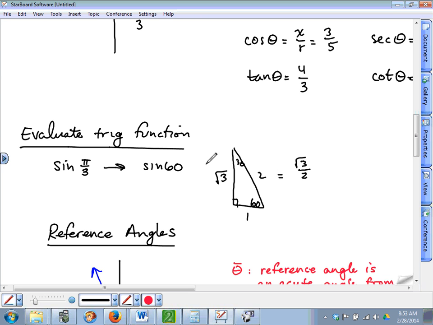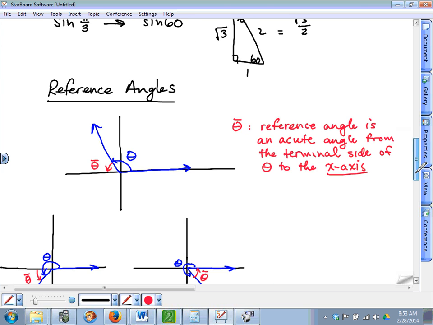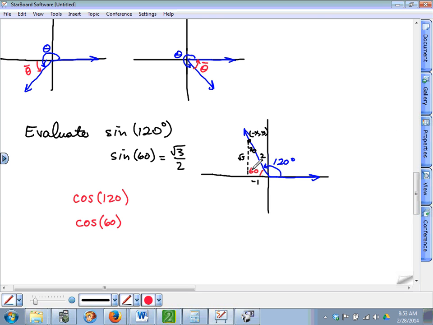If we were just using the normal special triangle, not drawn on a graph, what would the cosine of 60 be on this triangle here? It'd be 1 over 2. Okay, but we need to make use of this triangle specifically drawn in the second quadrant. What's the cosine of 60 in this triangle? It's negative 1 over 2. So the cosine of 120 is negative 1/2.